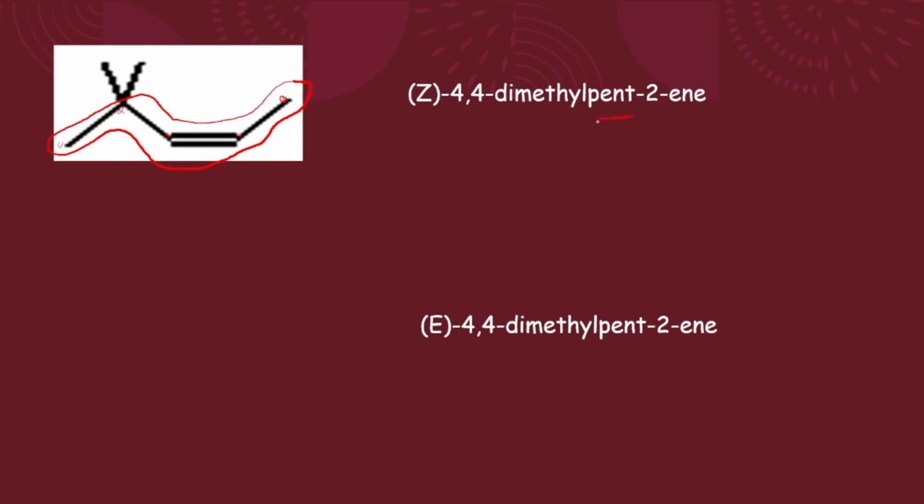So we have pent. And at carbon number 2, this is 1, 2, 3, 4, 5, I have ene, or a double bond. Do we have anything else? Yes. At carbon number 4, we have 4,4-dimethyl.